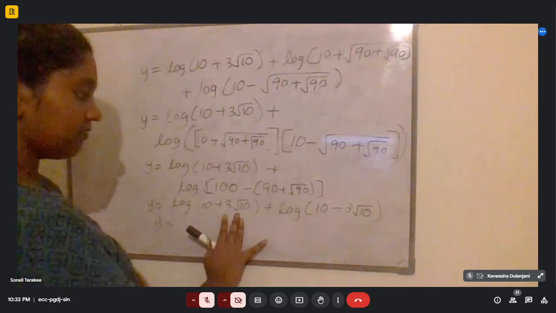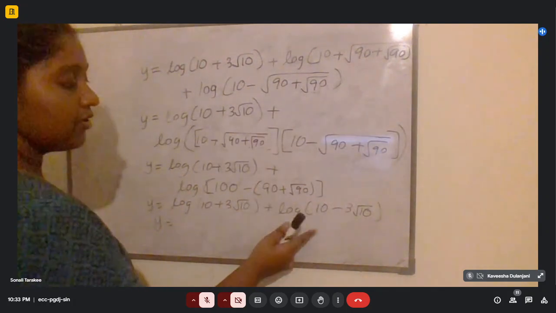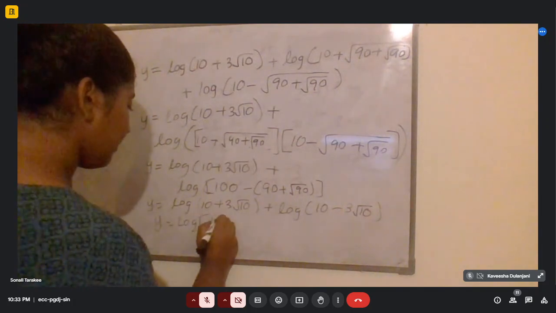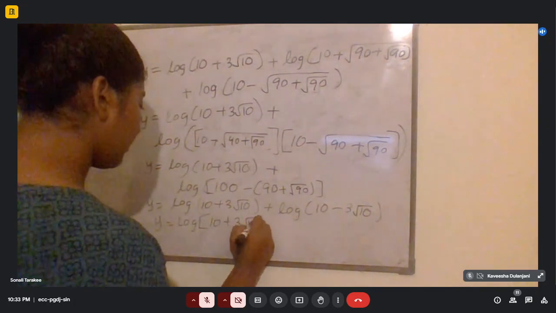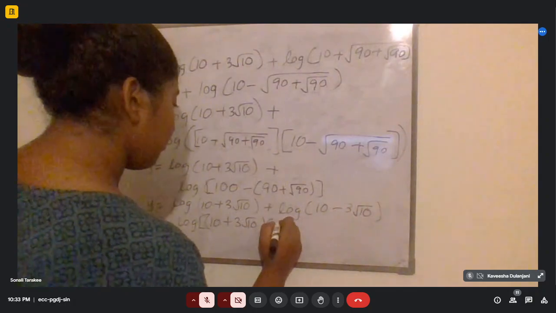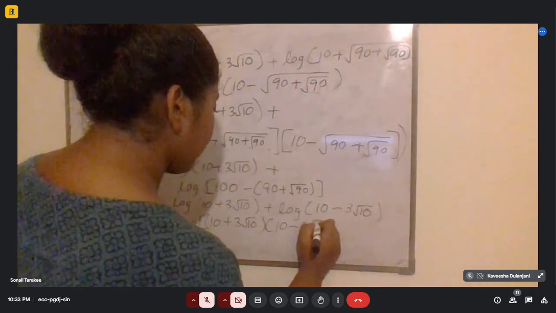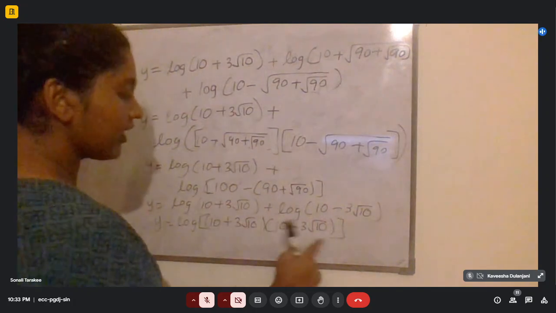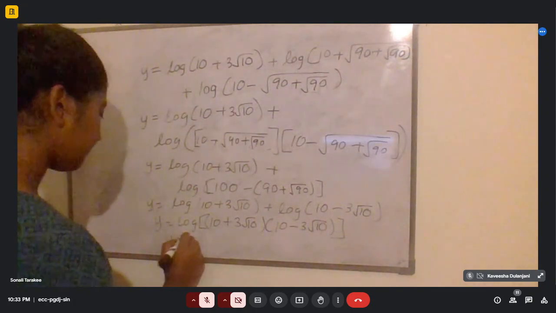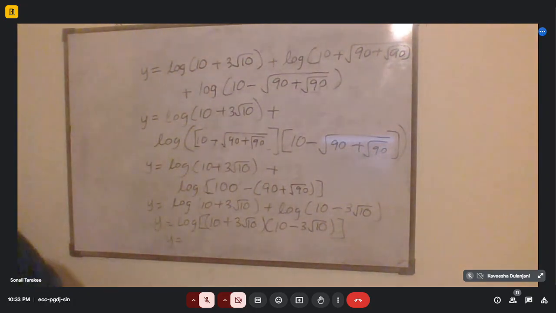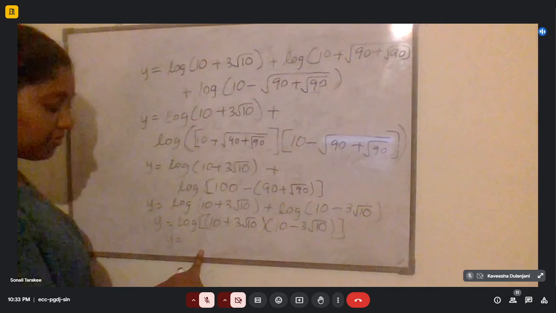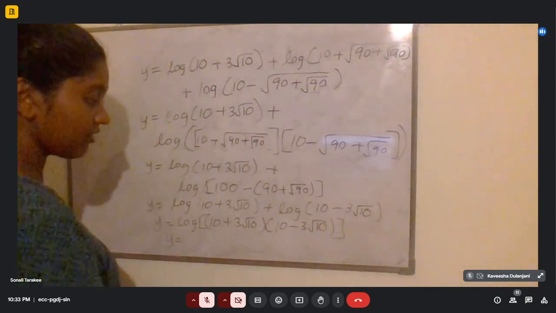Here also addition means you can multiply. Then you can write 10 plus 3 root 10 into 10 minus 3 root 10. This is also in the form a plus b, a minus b, so you get a squared minus b squared.